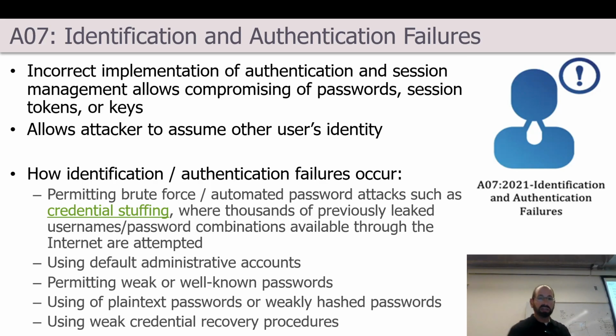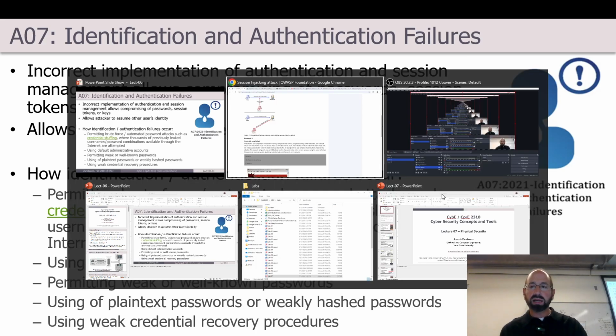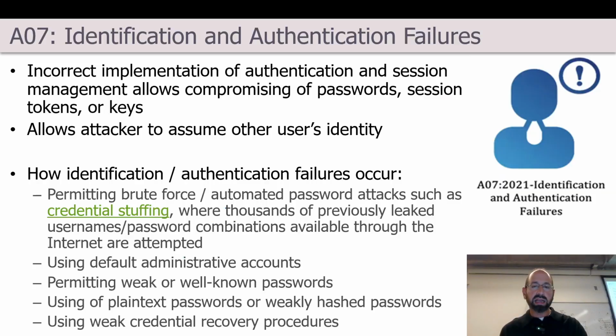If your system allows for either brute force or automated password attacks, like so-called credential stuffing, where you take previously leaked username and password combinations and attempt as many of those as possible, that would fall under this category. The prior category was more about an authentication mechanism using a well-known weak version of hashing or cryptography, which would be circumvented in that manner.